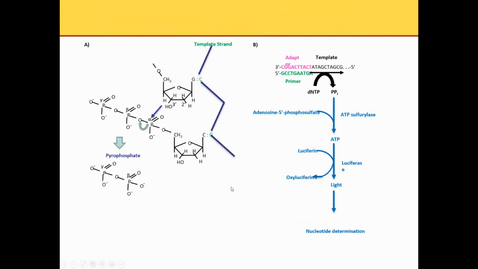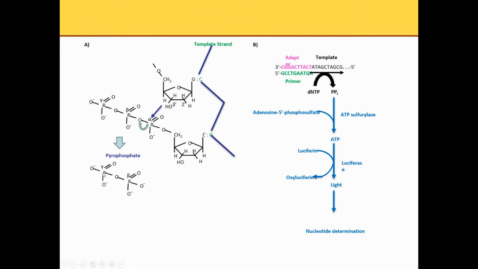And later on, the technique improved. They developed parallel sequencing. Remember, when you incorporate a nucleotide during DNA synthesis, the hydroxy group attacks the alpha phosphate and releases the pyrophosphate.